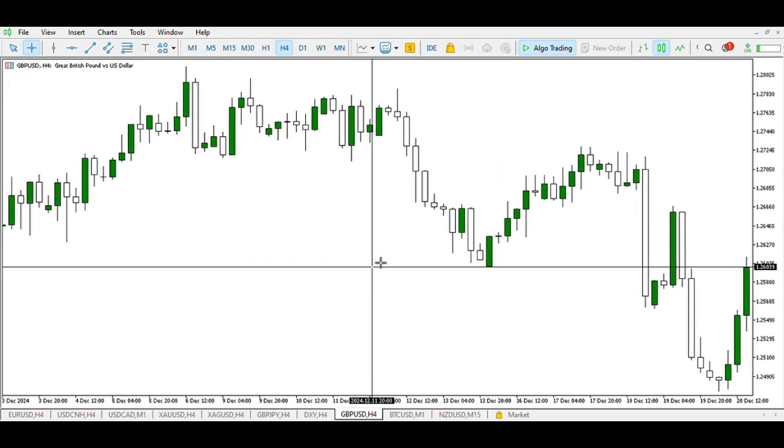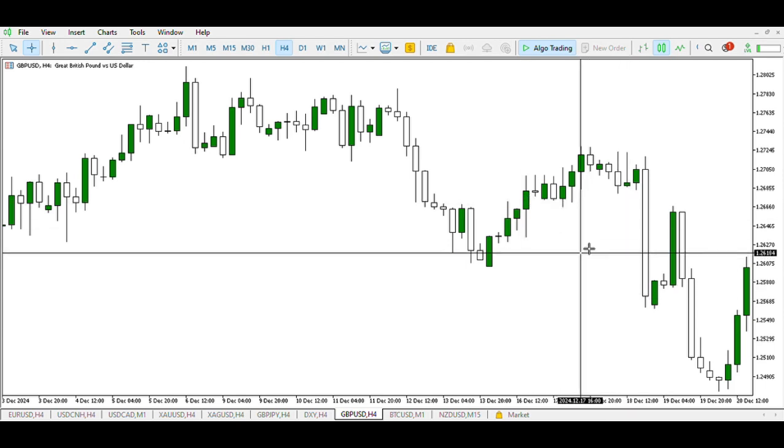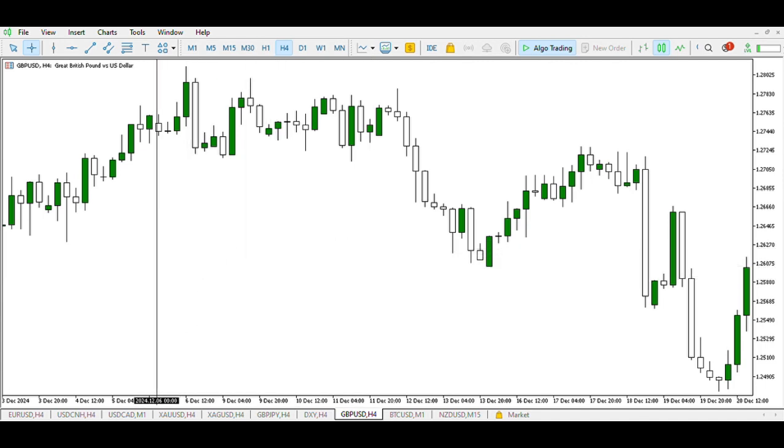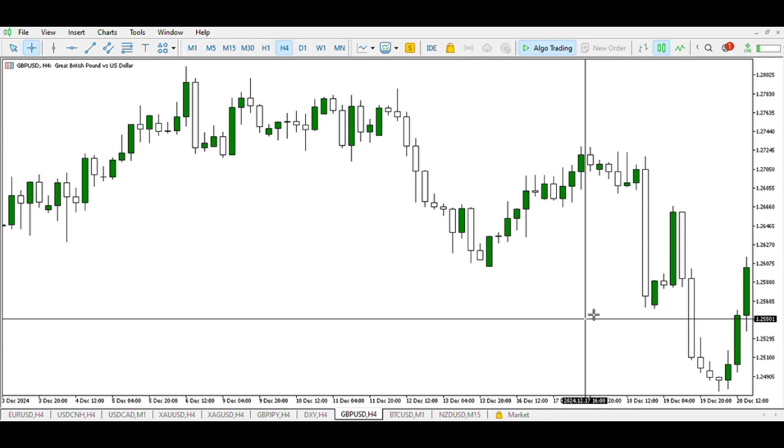Because for the market to either buy or sell at the opening of the day, we need to have an accumulation, a trap for sellers so the buyers can buy, or an accumulation, a trap for buyers so the sellers can sell. That is just how the market moves. So you cannot expect the first candle of the day to just give you the impulsive move to the intended direction.